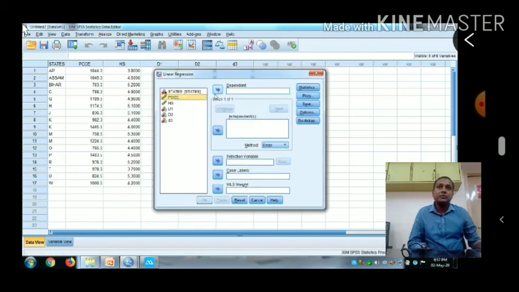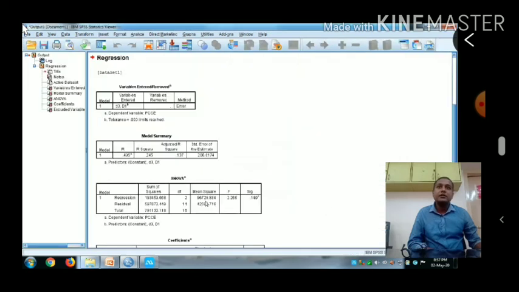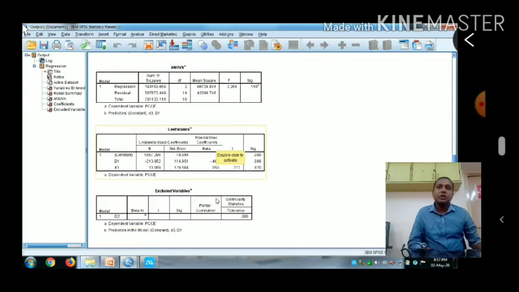Per capita consumption expenditure as the dependent variable, dummy variable 1 independent, dummy variable 2 independent. In the last class we didn't take dummy variable 3 because of the basic rule. Now we are going to take dummy variable 3 as an independent. So we have 3 categories, 3 dummy variables. Give OK.